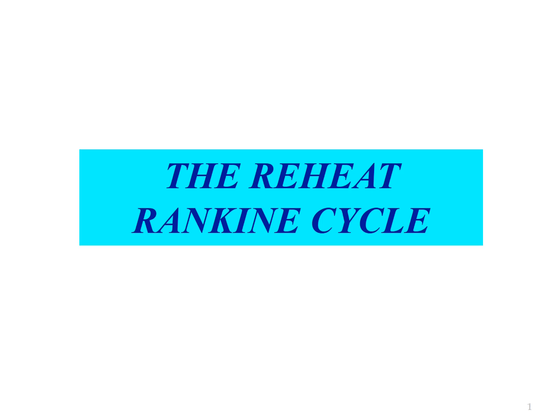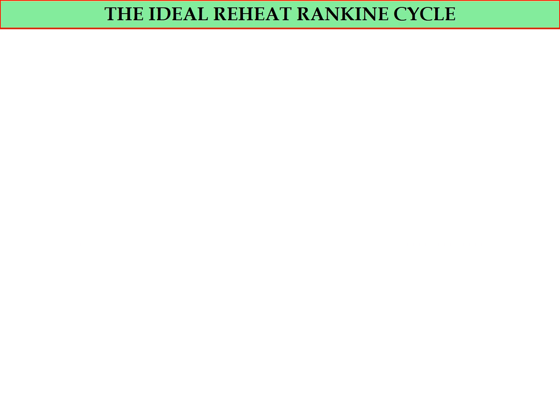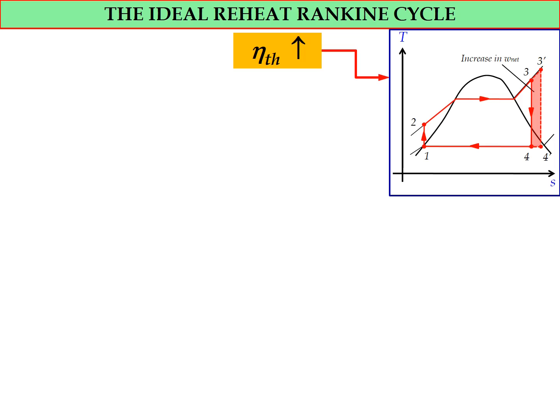One of the specific methods that can be used is what we call the reheat Rankine cycle. Okay, the ideal reheat Rankine cycle. In order to increase the efficiency, we have learned that there are three general methods on how to increase the Rankine cycle efficiency.